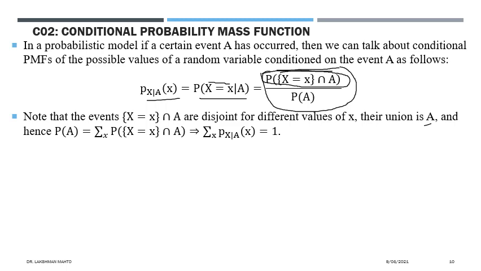One more thing I had discussed is that if you take a discrete random variable and map back to the sample space, it introduces a kind of partition.